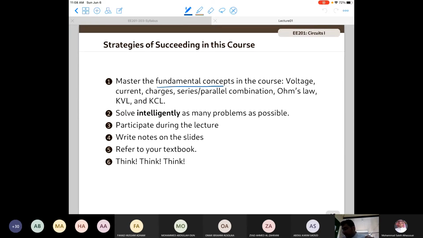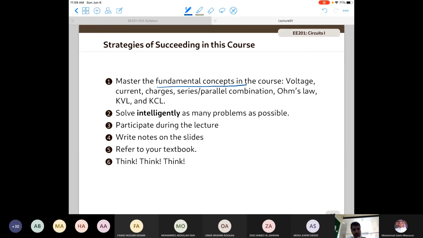You cannot just solve problems and get away with that. Because if we change some of the problems to be different from the ones that you studied, and you did not master the concepts, then you will be lost. Those concepts are voltage, current, charges, series and parallel combination, Ohm's law, KVL, and KCL.